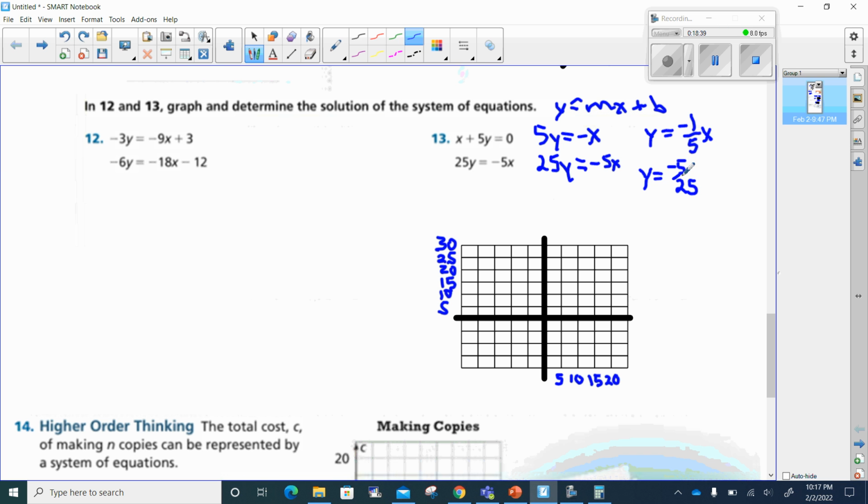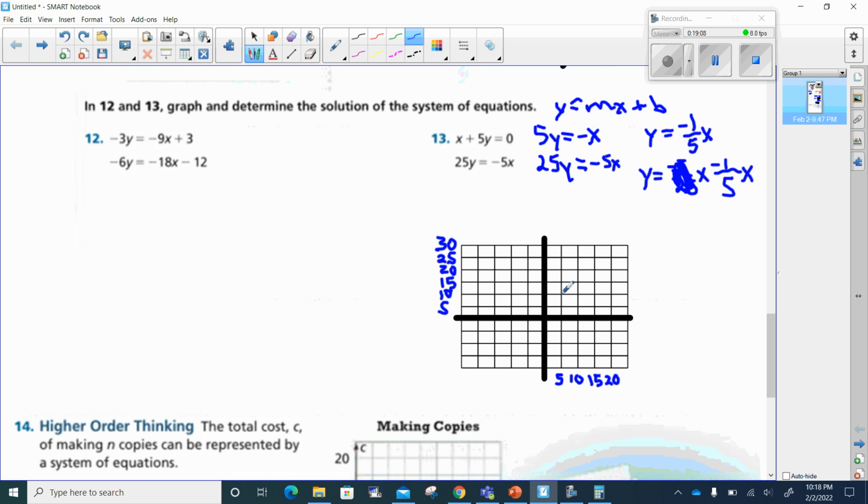Now this is kind of unique because remember I can divide by 5: negative 5 divided by 5 will be negative 1, and 25 divided by 5 will be 5. So in reality, I can turn this fraction here into negative 1/5 x as well, which means these lines are identical, right?